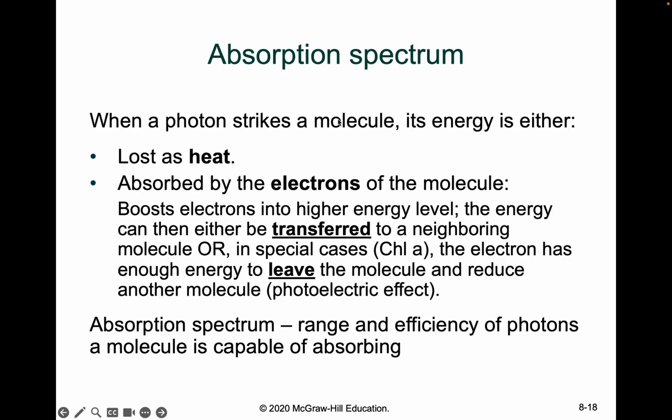Of course, in this transfer, some heat is always lost, but energy is also transferred. So the pigments are going to absorb the energy, and they absorb it through their electrons. The pigments have electrons, and the electrons themselves take this energy. So that's what actually happens.